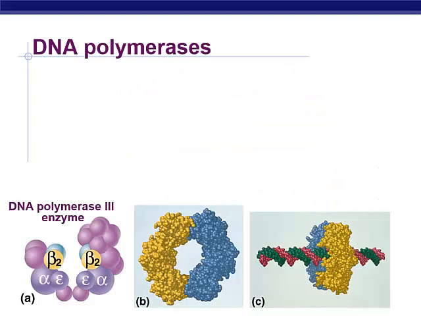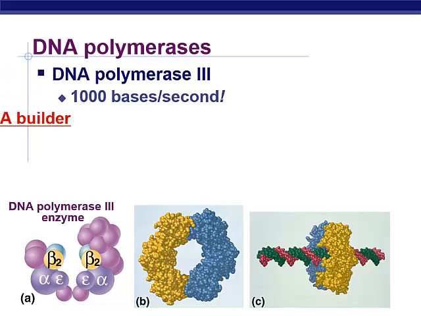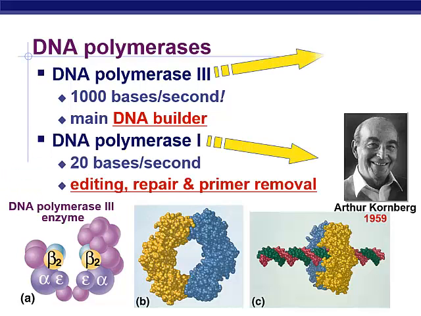Question: what happened to DNA polymerase II? That's a funny thing actually. There are about 8 DNA polymerases in eukaryotes, and you only have to know 1 and 3. But there's other polymerases also. We talked about how fast it can go.